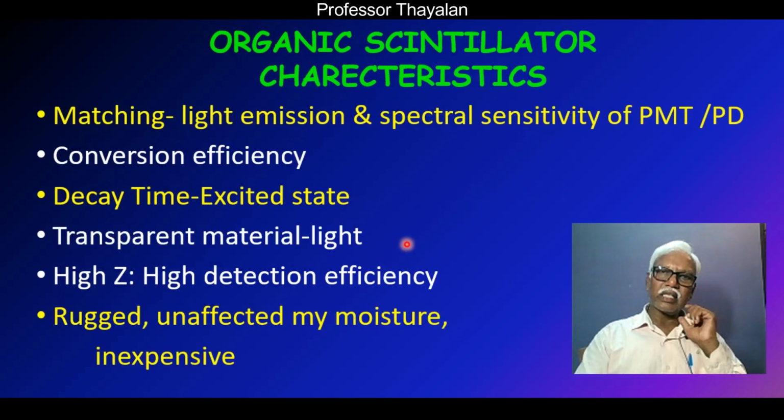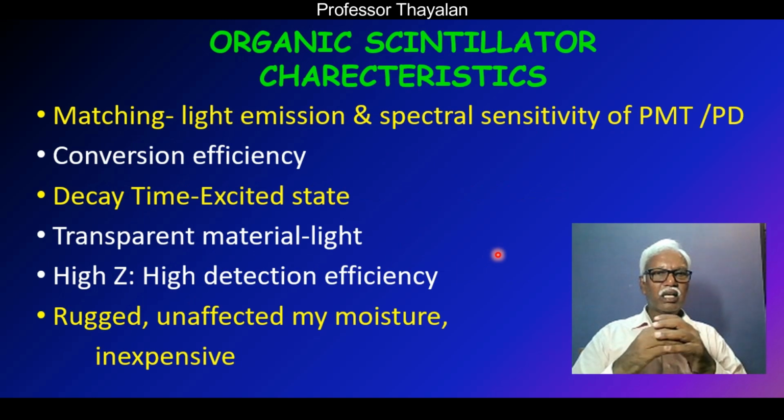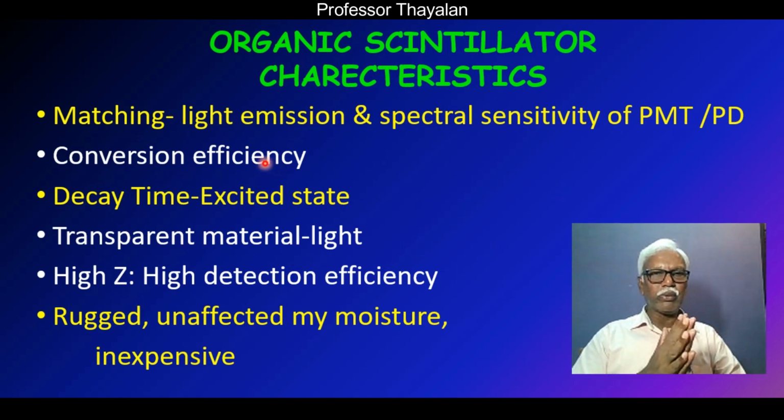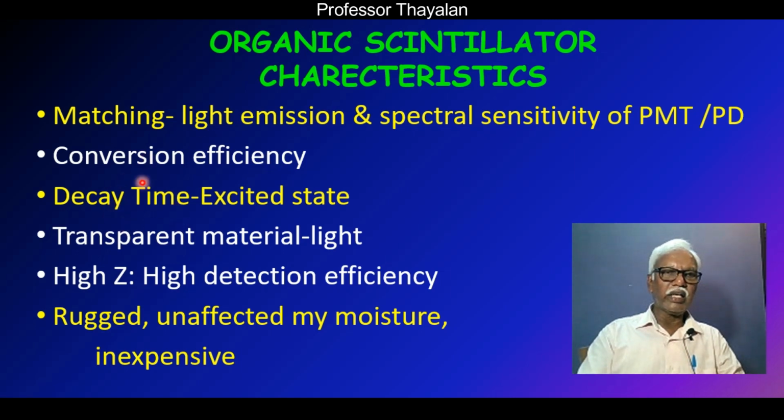What are the various characteristics of the scintillation crystal? For example, conversion efficiency is a very important characteristic: how much light it produces for the radiation that falls on it. Similarly, the decay time: after the scintillation, how quickly the electron comes to the lower state.